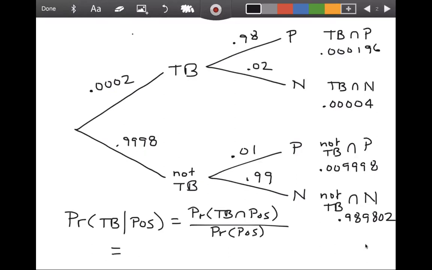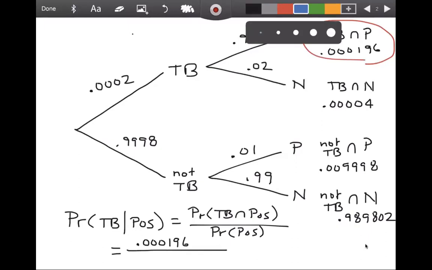Okay, so that probability in the numerator corresponds with one of these outcomes, the first one. This one here, right? So this is going to be 0.000196. Now the bottom probability consists of 2 different outcomes.